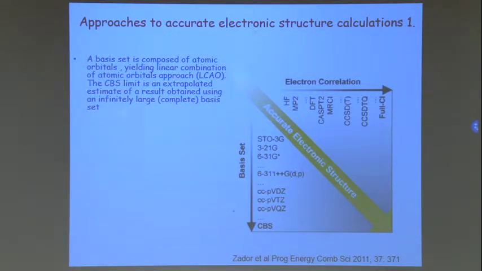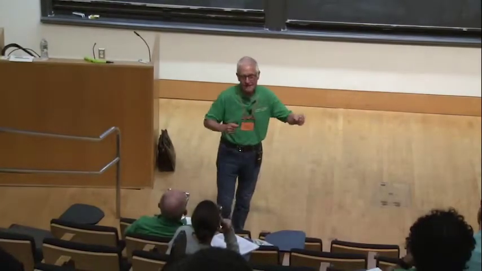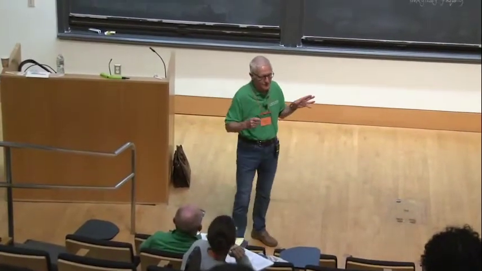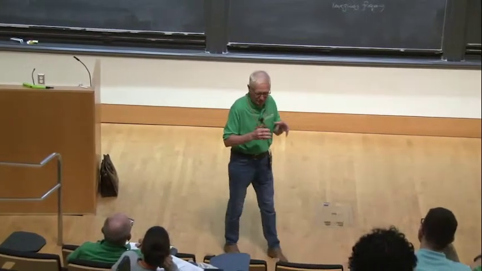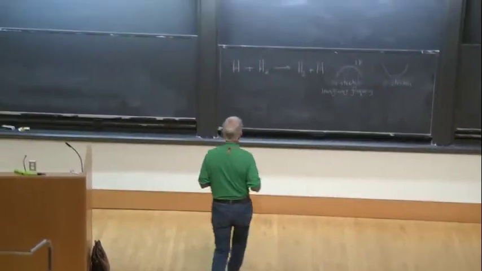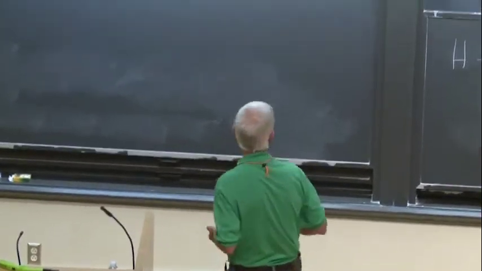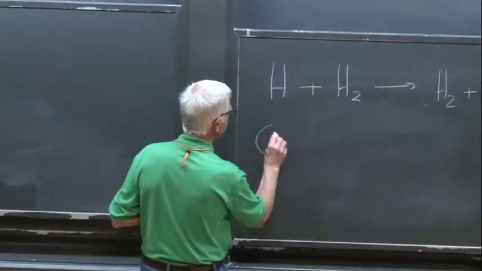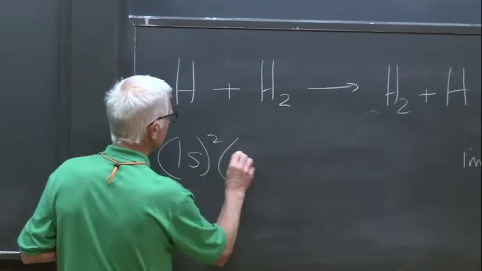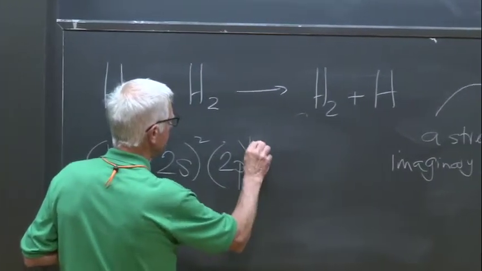A basis set is composed of atomic orbitals. So what we do is we've got a molecule, and it's made up of a set of atoms, and each of these atoms has, when they're separated, a set of atomic orbitals. So for example, we talked about the oxygen atom, and we said that it was 1s2, 2s2, 2p4.